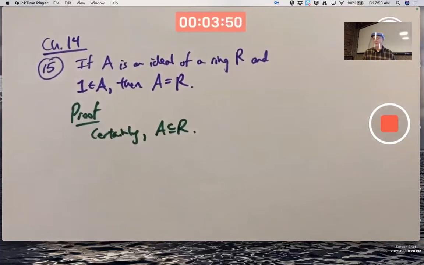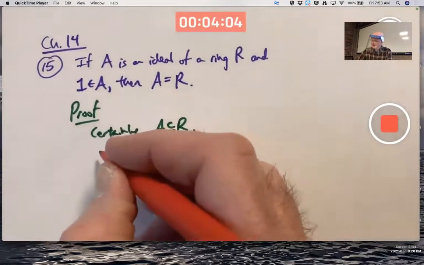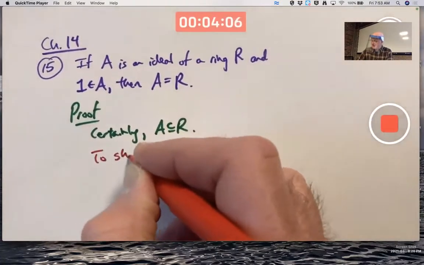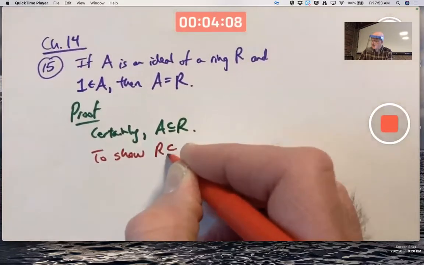So the only question is, is R a subset of A? Is every element in the ring also in the ideal? Does that make sense? That's the only thing really that you have to do to show R is also a subset of A.